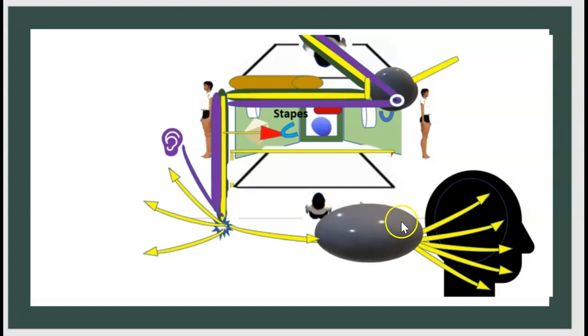From the top to the bottom: temporal branch, zygomatic branch, buccal branch, marginal mandibular branch, and cervical branch.